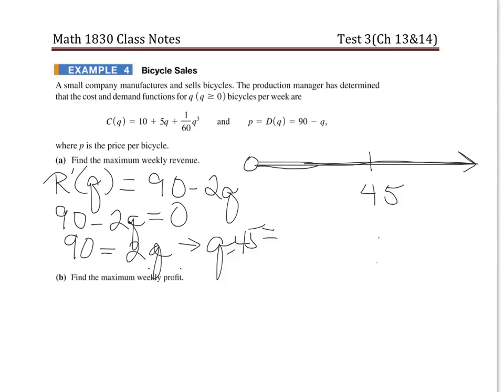And then testing a number on either side, we will test 40 and we will test 50 and see for sure whether Q, being the only critical number, is a maximum or a minimum.